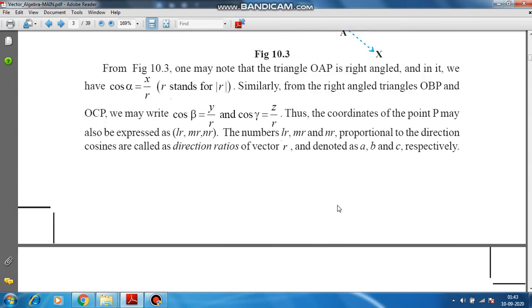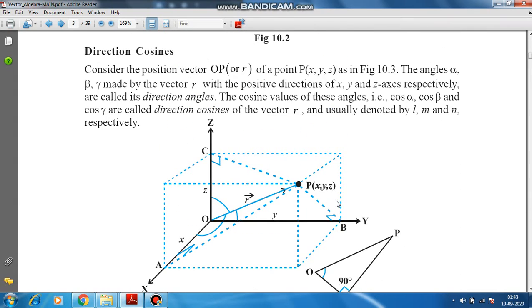Suppose there is a point P (x, y, z) in three-dimensional coordinate space, and OP is a vector which is R. R vector is the OP vector.